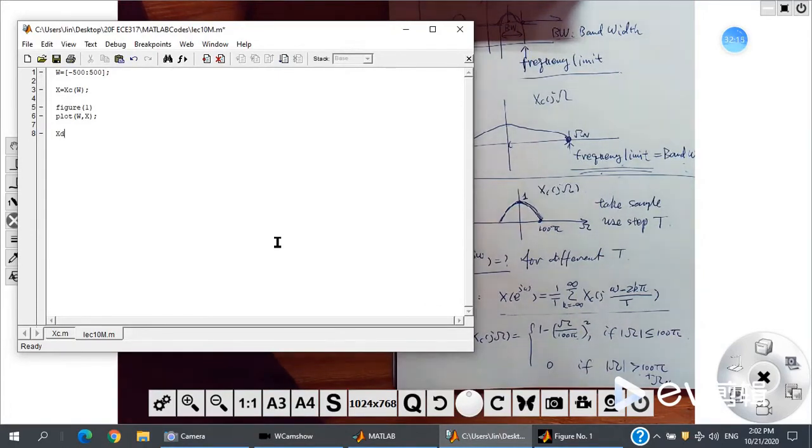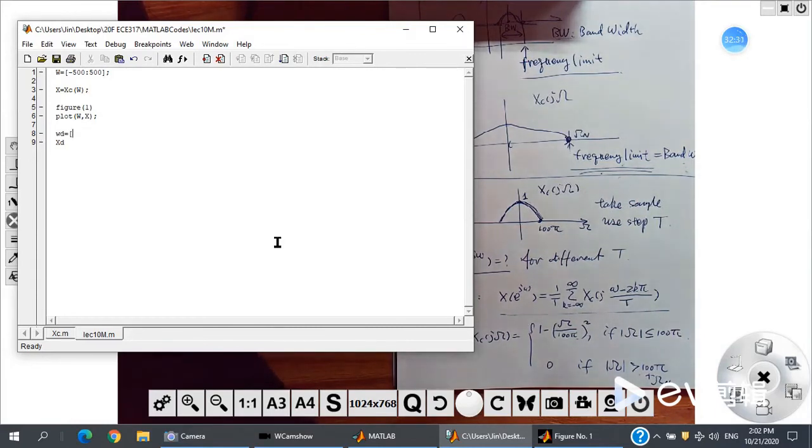I need omega. I need a different omega. So xd. Before that, I need a different omega. I use a lowercase omega or just omega d. Omega d. I run from, actually, every 2 pi there will be one cycle, right?